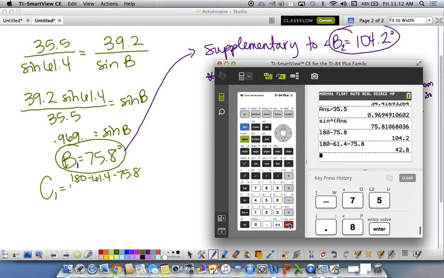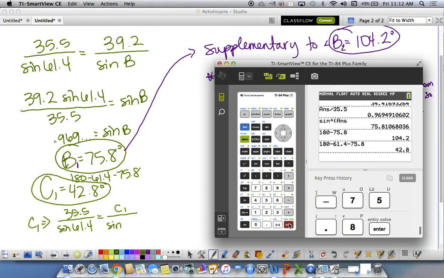So C1 is 42.8 degrees. Okay. What about little c1? We're going to solve it by going to the law of sines. I'm going to use my side A, which is 35.5 over sine 61.4, and that will equal little c1 over sine of angle C1, which is 42.8.